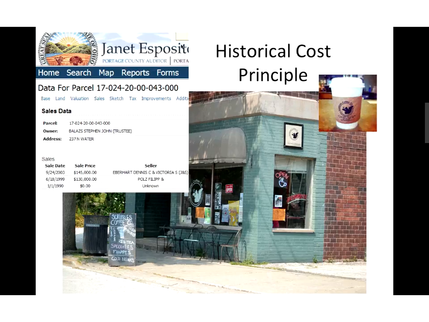So we looked at the historical cost, and you can look at the auditor's website, and you can see on September 24, 2003, that property was conveyed to the owner for $145,000. Okay, so the owner paid that. That is what that property is listed at on that owner's financial statements. That Scribbles building and land is recorded at $145,000, because that's its historical cost.